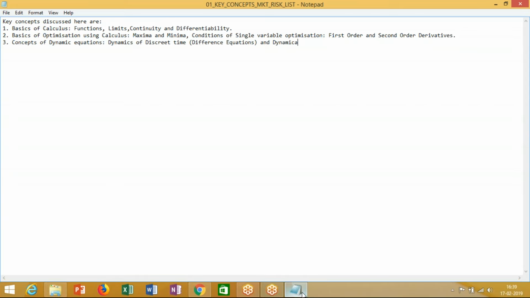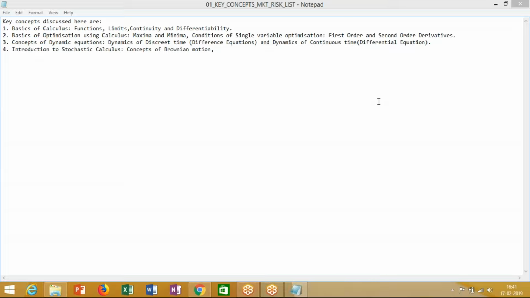We brought in the concepts of Brownian motion. We introduce the concept of Brownian motion, right?